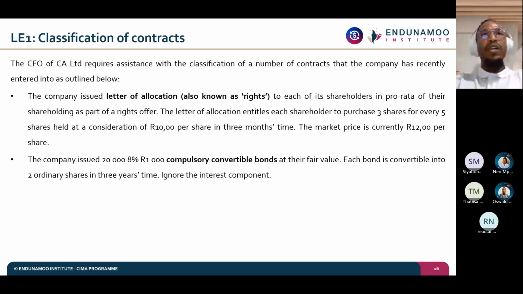So the shareholder is not bound by the contract to deliver cash to us as CA Limited. So we cannot say we have a financial asset. And on the date on which we have issued the letter of allocation, the shareholders have not yet subscribed to the 3 shares for every 5 shares held. So can we say they've already bought the shares at that point in time?